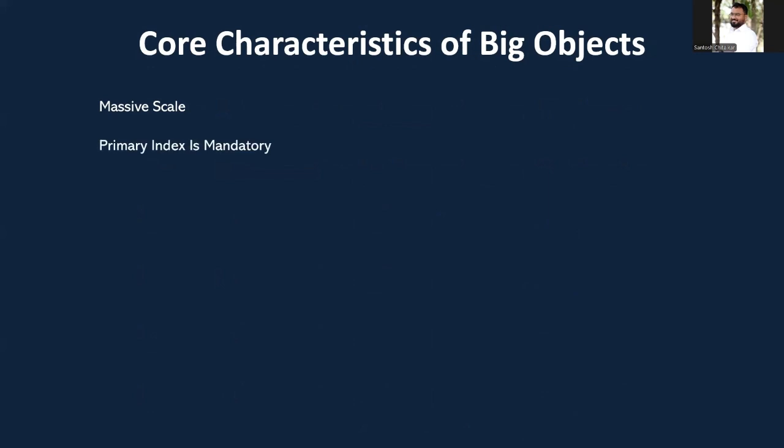Primary index is mandatory. This is the biggest concept. For big object, you must define a primary index. Basically, the fields that will be used to retrieve records efficiently. This means performance is great if you query using the index.